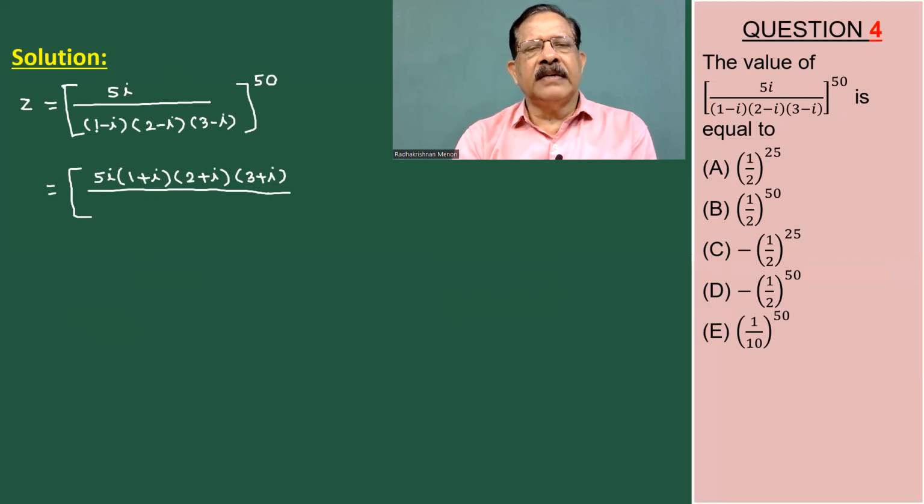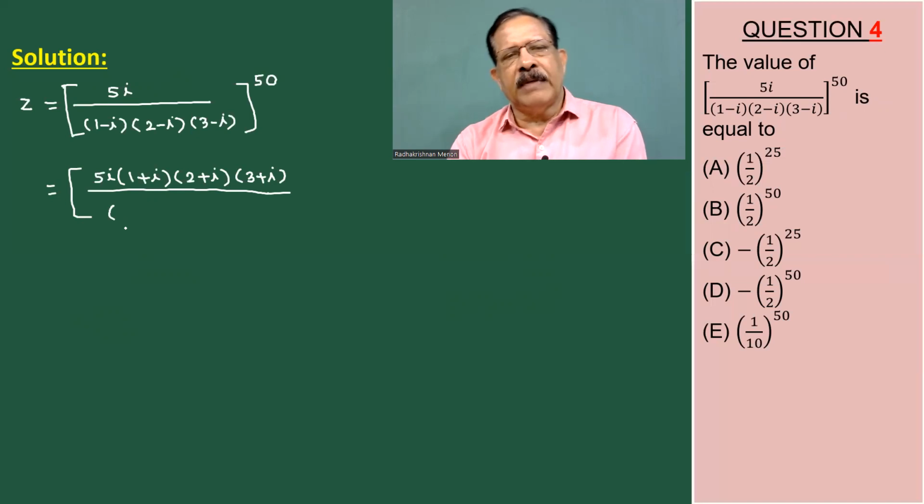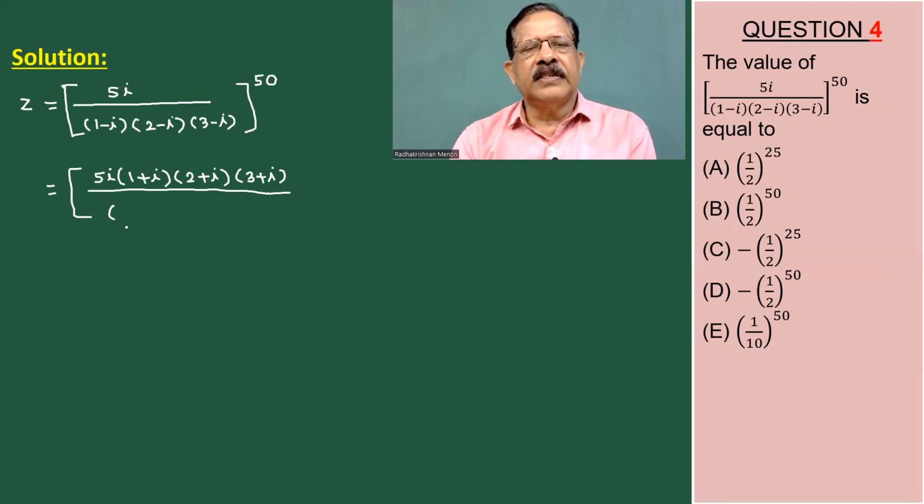In the denominator, when you multiply with the conjugate, we use the formula (x plus iy) into (x minus iy) is x squared plus y squared. So the first factor is 1 plus 1, the second factor is 4 plus 1, the third factor is 9 plus 1.